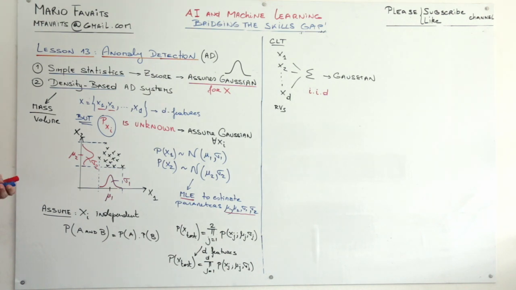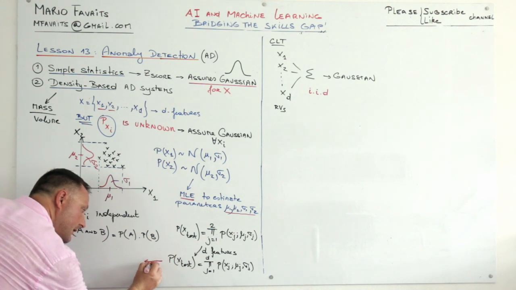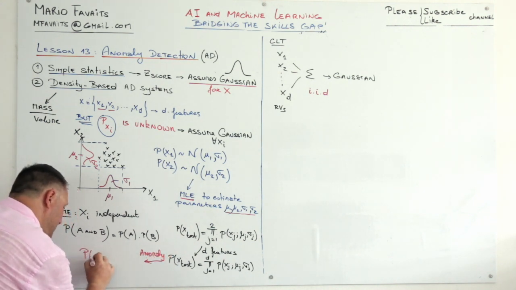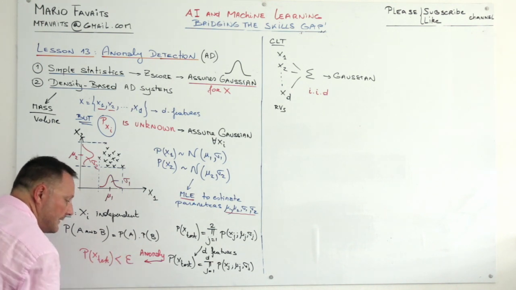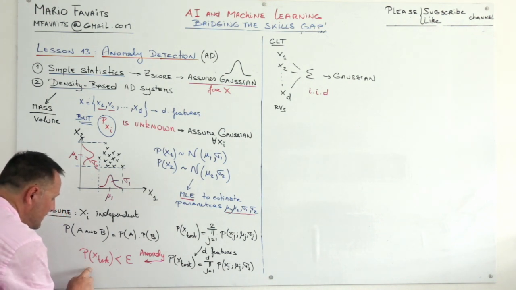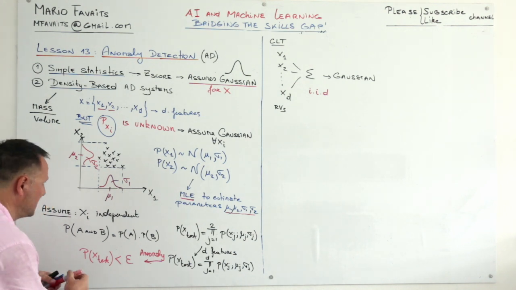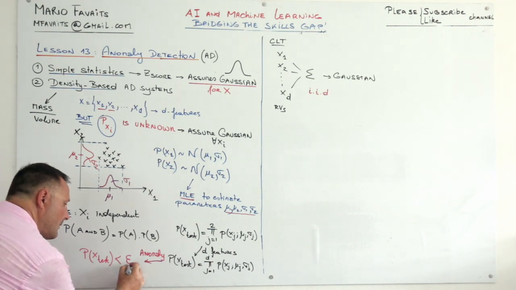And now we have an anomaly when the probability of x test is smaller than epsilon. So the chance of seeing x test is very low. And epsilon is a number you choose.